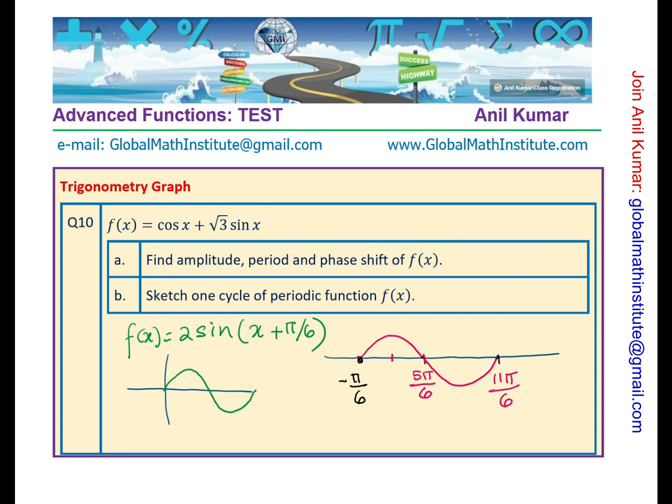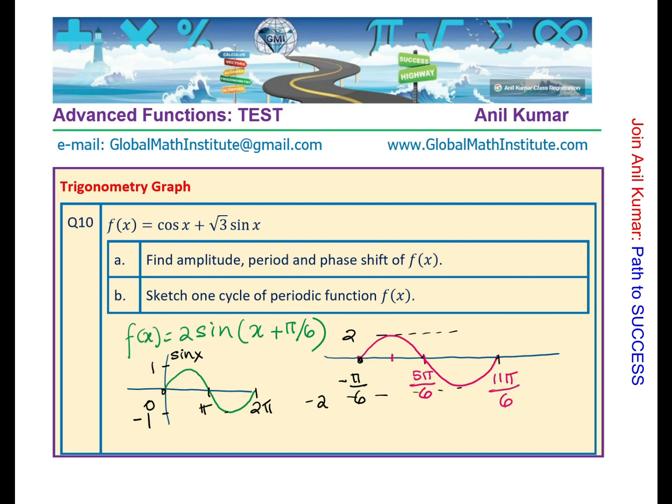Where these points are 0, pi, and 2 pi. Here we have 1, and here we have minus 1, right? This I'm talking about sine x. Now here we have the amplitude, which is 2 here, and this is minus 2. It shifted left, right, by pi by 6.